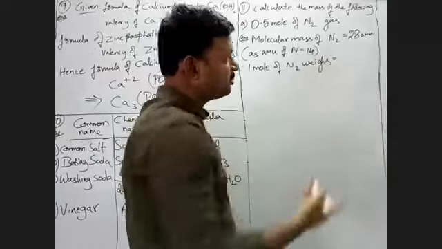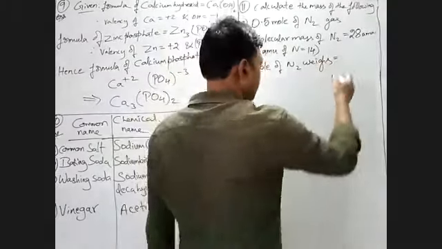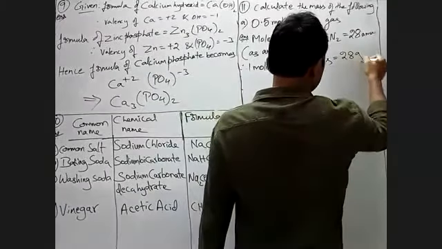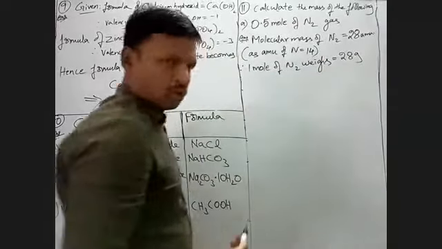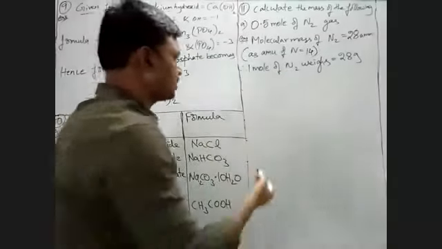So 28 AMU expressed in gram is 28 gram. So this is 1 mole.